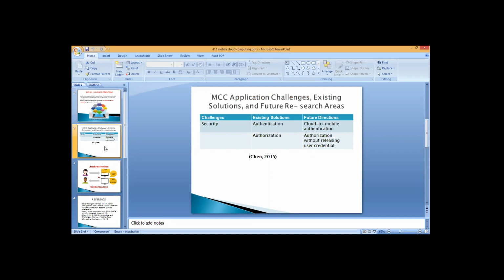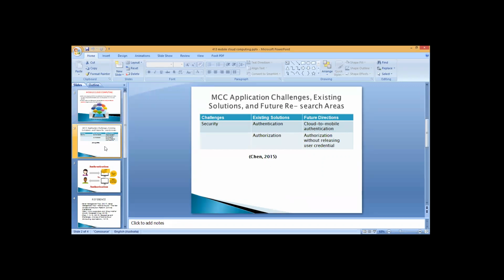Firstly, let's look at authentication, where all devices that are trying to access anything from MCC need to be authenticated, so that information is shared with the correct corresponding devices.